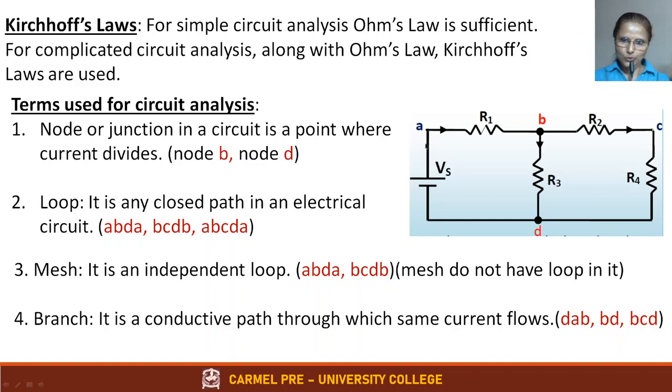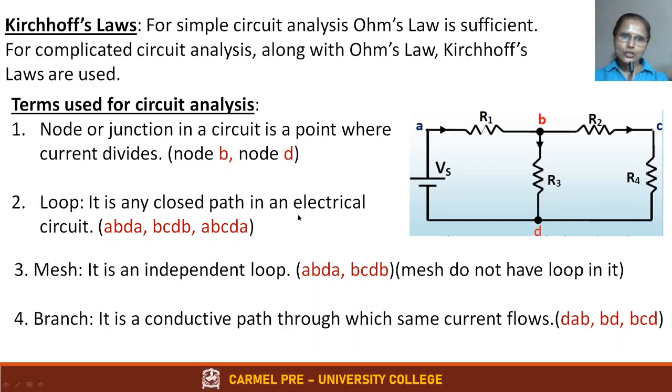From the voltage source, it comes up till here and it gets divided. This current goes and comes here, and this current comes down here and it gets joined. So nodes are B and D, where the current gets divided and the divided current gets joined. So node or junction is a point in a circuit where current divides. Node B, node D.